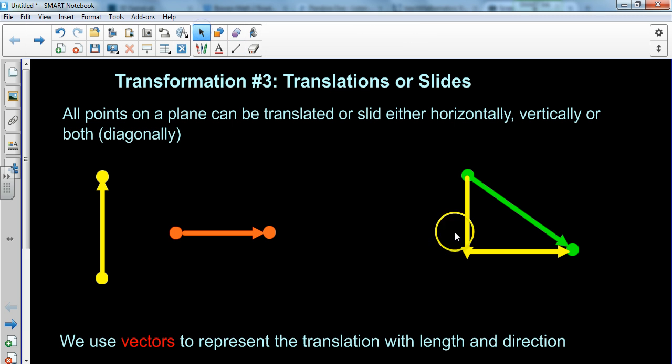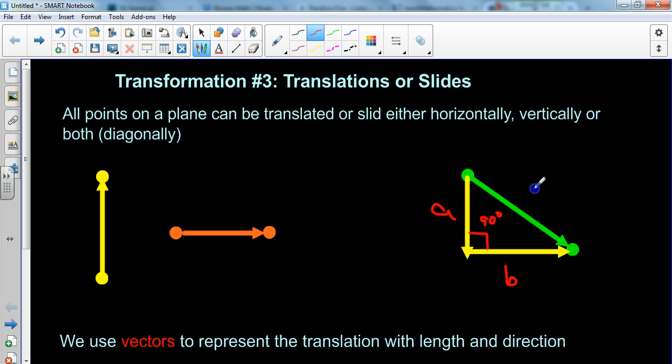And because the vertical and the horizontal relationship is perpendicular, this actually creates a right triangle. This is a 90-degree angle in here. And we all know the Pythagorean theorem, a squared plus b squared equals c squared. So knowing how to do a horizontal and vertical movement, which are easy to know on a grid, we can start figuring out how far points move diagonally, okay?